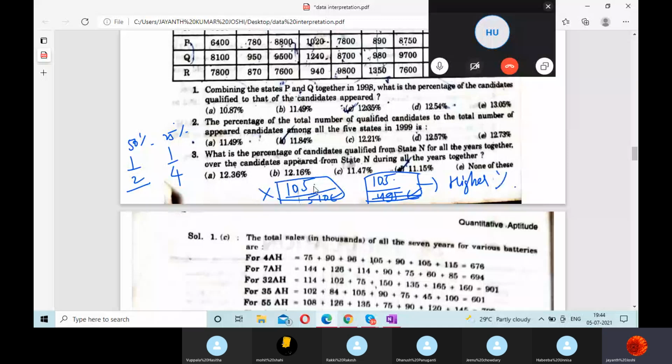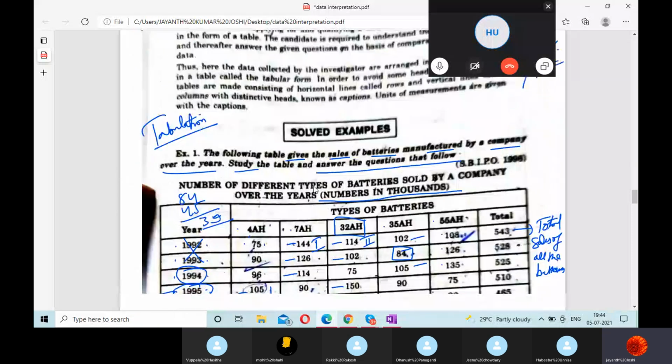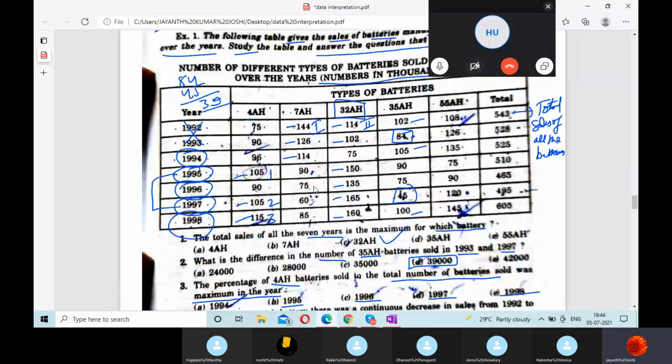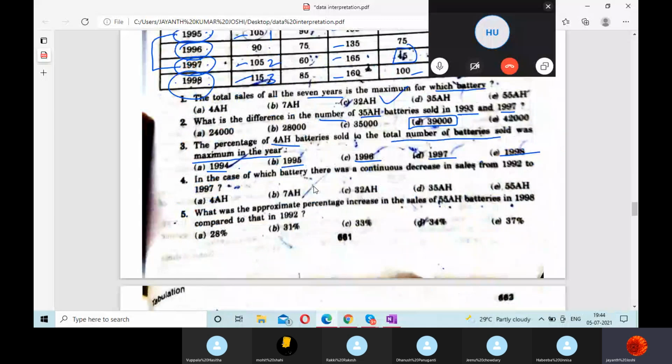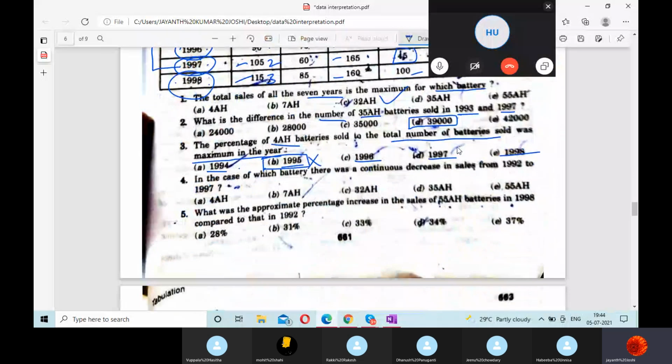So I will eliminate this, because they said maximum is in which year. So 105 by 510 is 95. So 95 will not be bigger when compared to which year? 97. So 97 is maximum. Now this comparison is gone. Now we have to compare 94, 96 and 98.